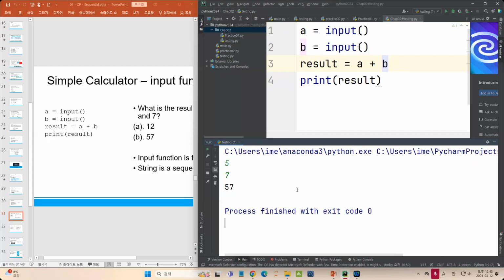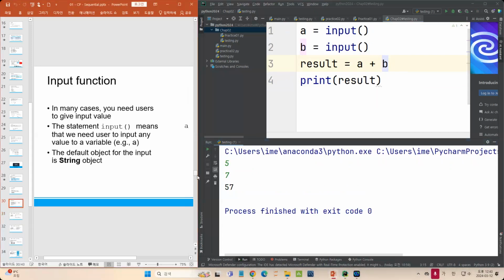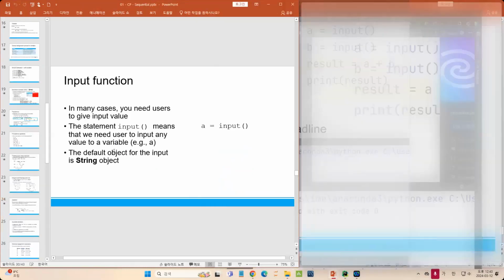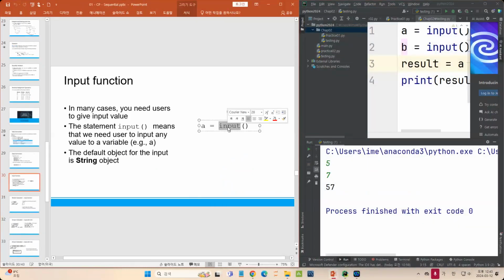Okay. Why? Is the computer wrong? Because what I explained to you before, when we give the input, it is in the form of string.